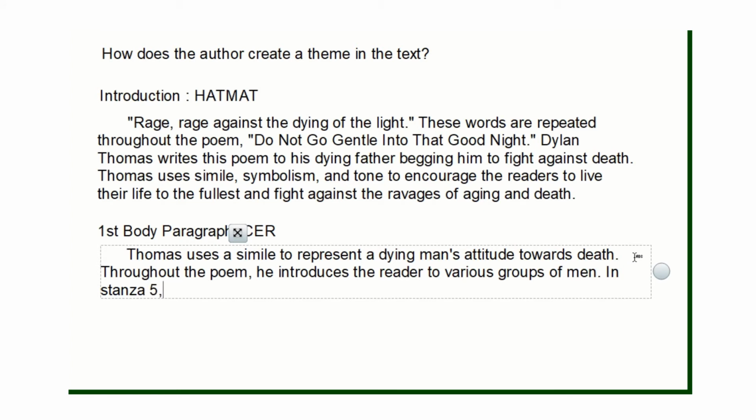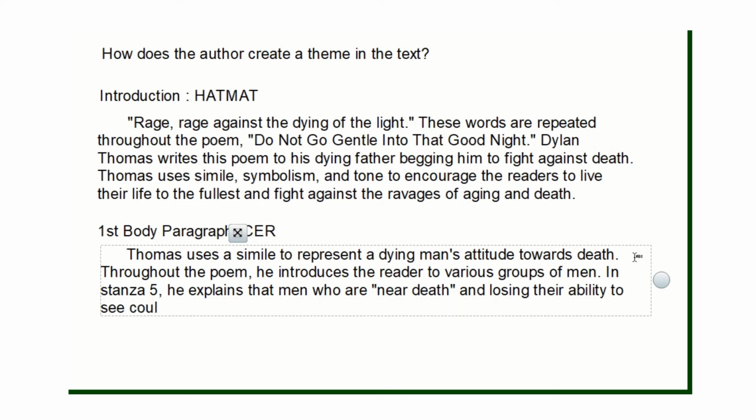In stanza 5, so now I'm introducing the evidence, he explains that men who are near death, the reason why we put that in quotations is because that is straight from the text, and losing their ability to see, could still have eyes that could blaze like meteors and be gay.